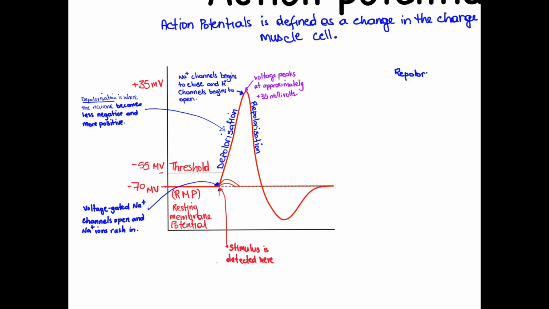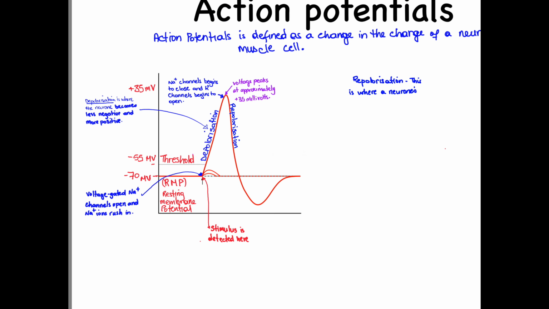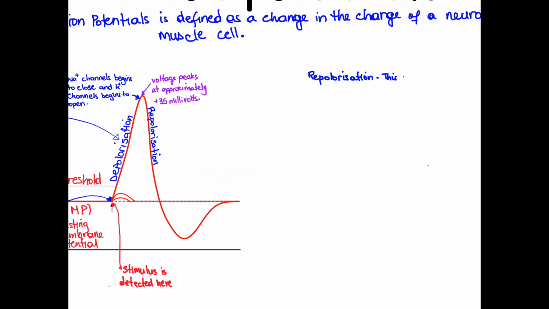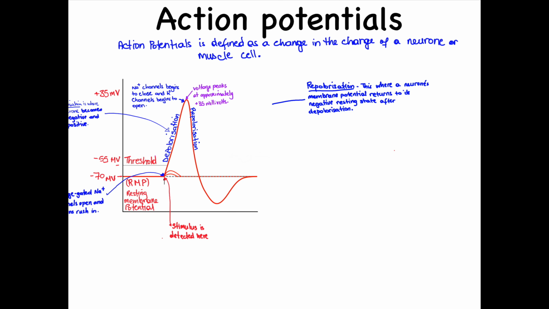After that, repolarization takes place. Now, in repolarization, this is where a neuron's membrane potential returns to its negative resting state, which occurs after depolarization.